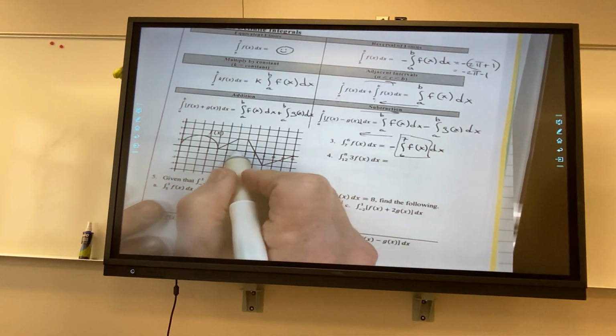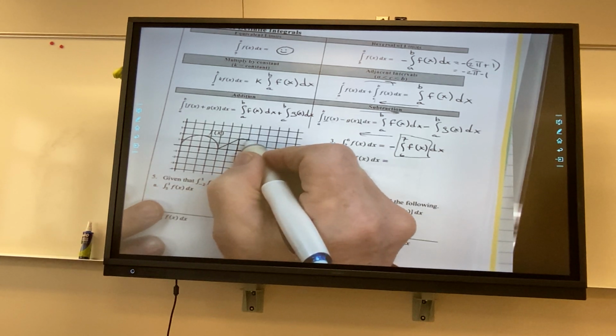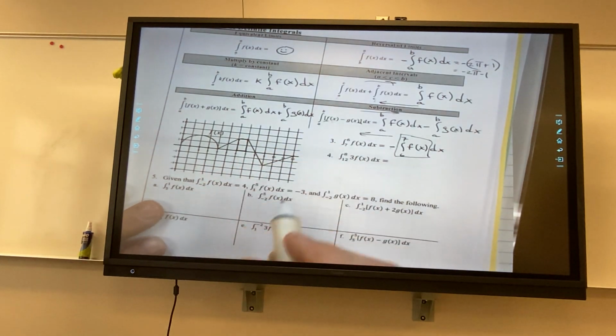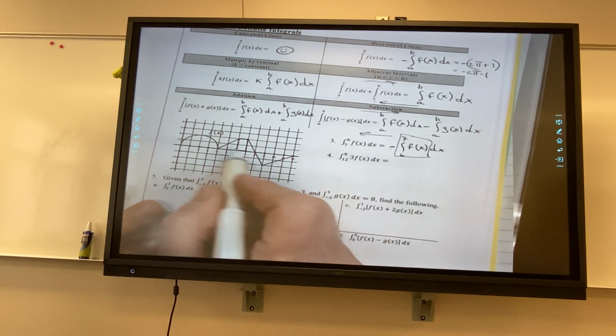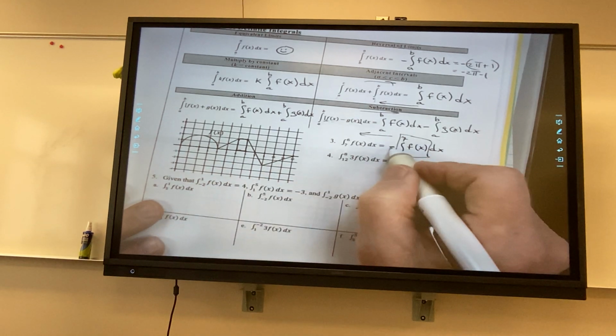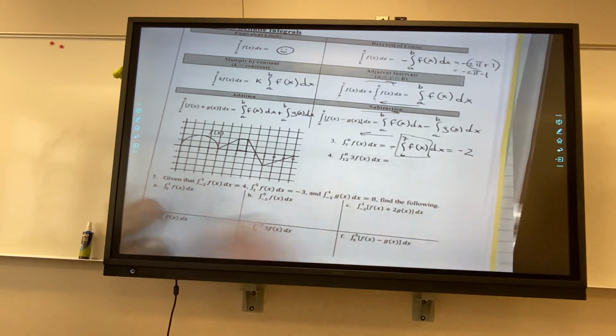Well, here's from 6 to 7. So we're talking about this particular area right here. And we had that been as an area of what? 5. Just that section? Just this, from 6 to 7, right here, because it says 6 to 7. 2. So since I'm multiplying by a negative, it's going to be a -2.